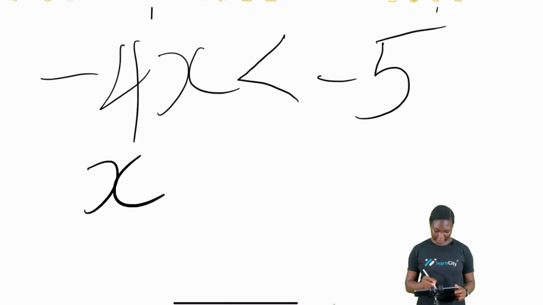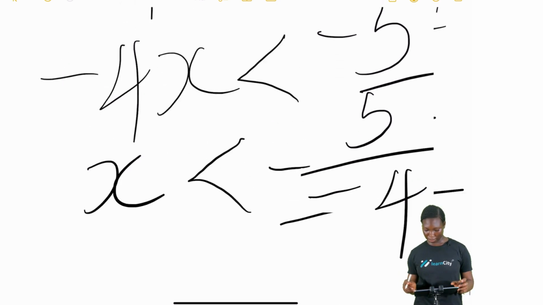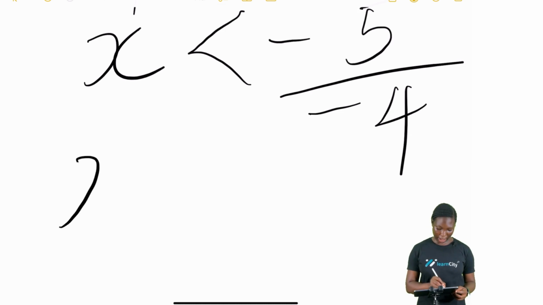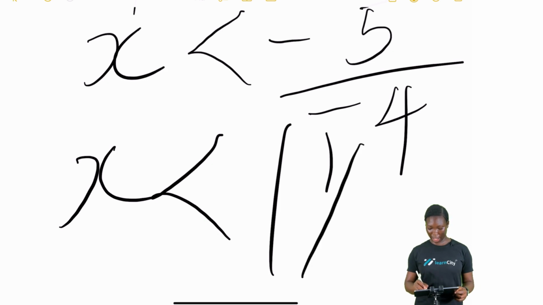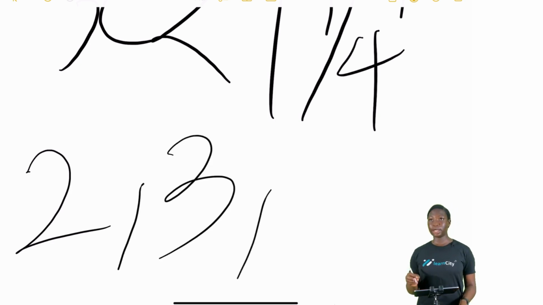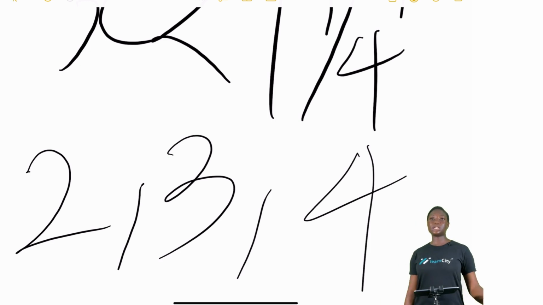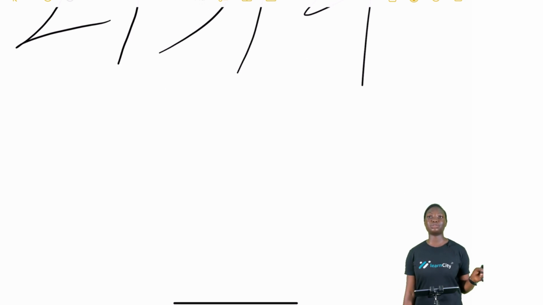So we have x to be less than minus 5 over minus 4. We have our x to be less than 1 whole number 1 over 4. So here, as the number is increasing, we have our numbers to be 2, 3, and 4. So the numbers are 2, 3, and 4. That is for the lowest possible values of x.